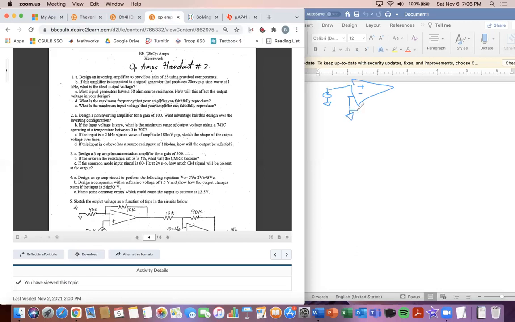And remember, the feedback resistor is hooked to that negative terminal, and then we have the RS also. So RS here, RF here. The voltage input is to the positive terminal, and the output voltage.